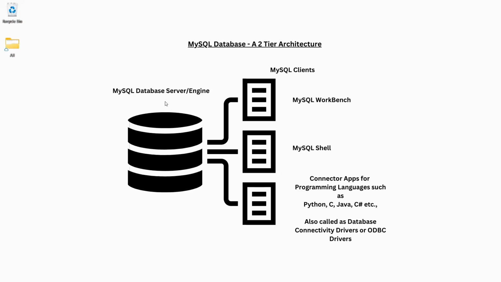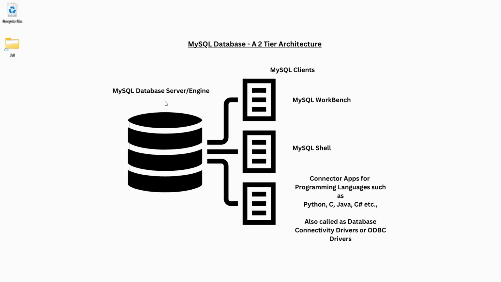So the database server component is responsible to store the data and secure the data whenever we need. And the client component is where we will be giving instructions or commands to communicate with the server to store the data, retrieve the data, modify or update the data.